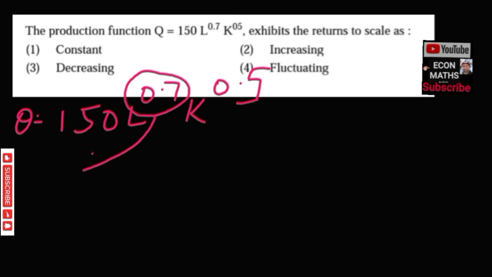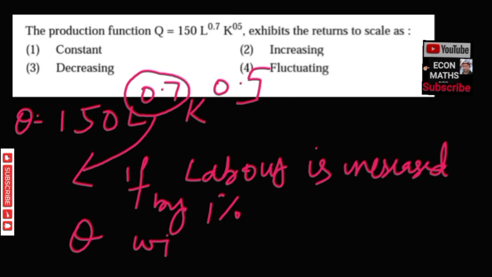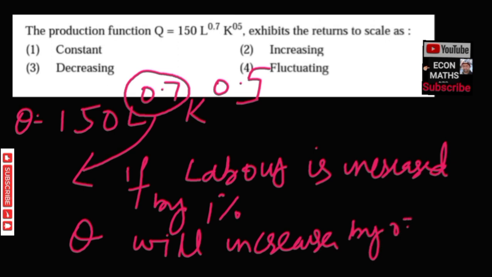This 0.7 means that if labor is increased by 1%, our output Q will increase by 0.7%.